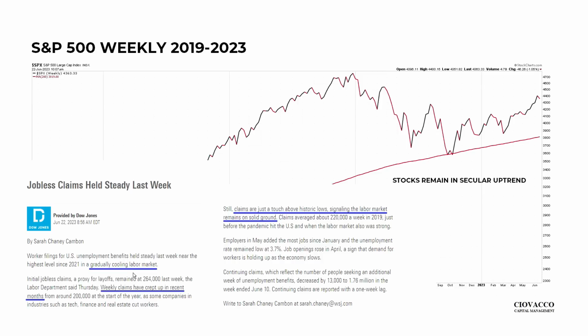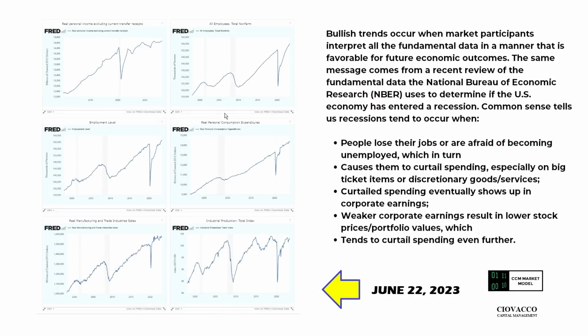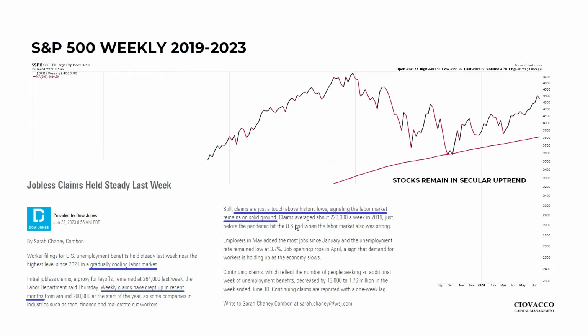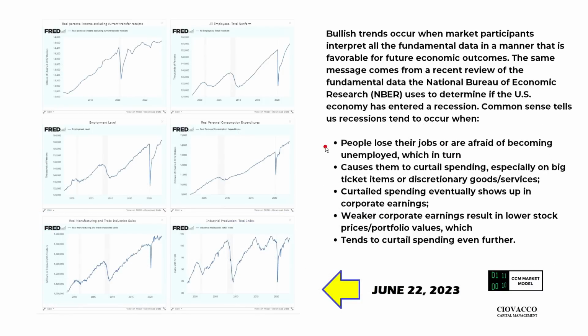We don't have any evidence in hand that says we have massive problems with the labor market. Still don't have any real visible cracks in the major economic data that's used to declare a U.S. recession. And if jobless claims are just a touch above historic lows, if you review these bullet points here, it's very difficult to understand where the recession comes from and where the big hit to earnings comes from.